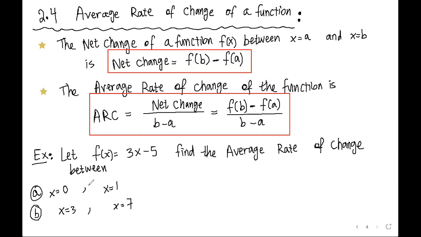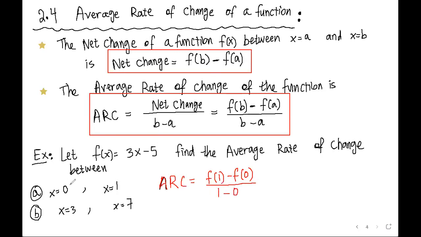So the average rate of change equals f of 1 minus f of 0 over b minus a, which is 1 minus 0.